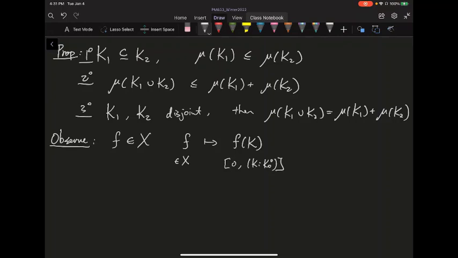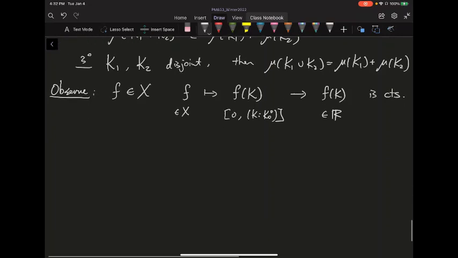You can think of it as a coordinate map. Because X has the product topology, this is continuous. You can treat this as an interval, but you can also just treat it as real. So you pretend the function value evaluated at this compact set K is inside the reals. So that's going to be continuous, and that's quite clear.